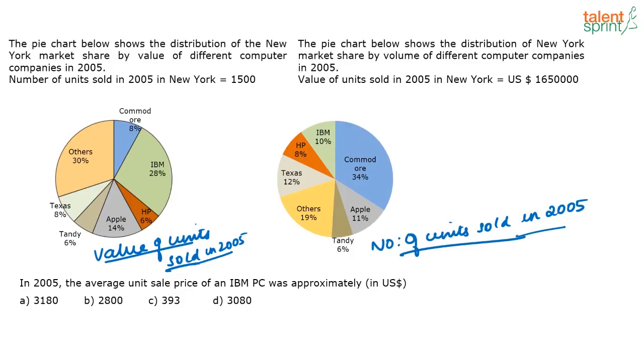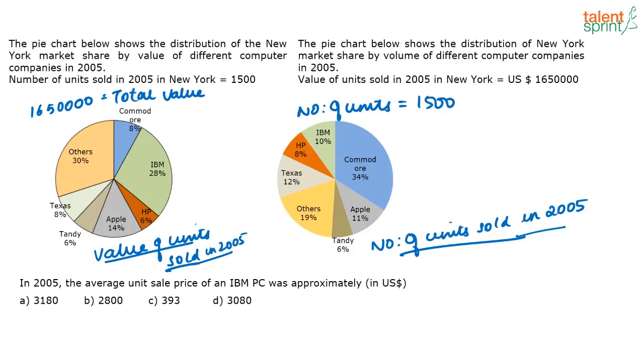Totally how many units have been sold here? Value of units sold in 2005 in New York is 165 followed by 4 zeros. This is the total value of units sold. Number of units totally sold is 1500.